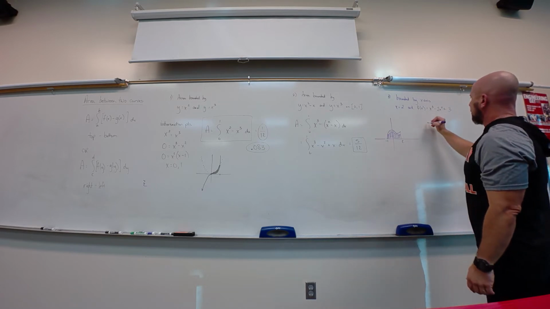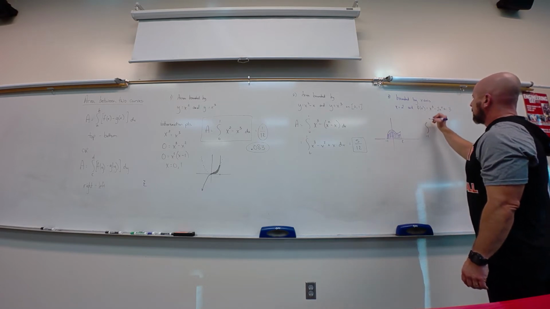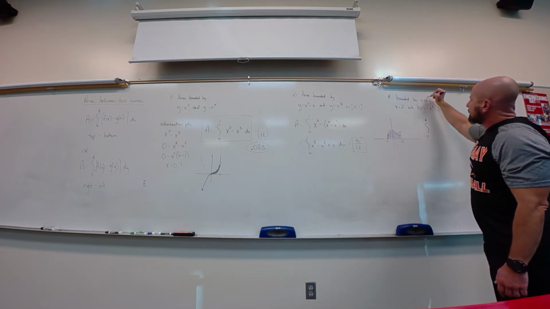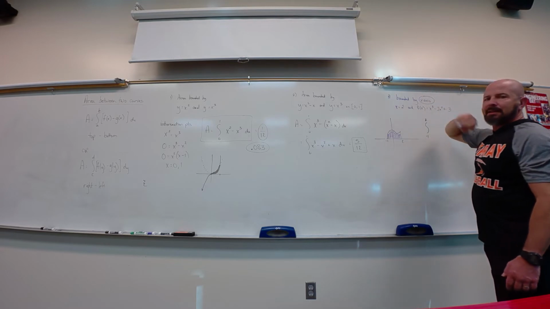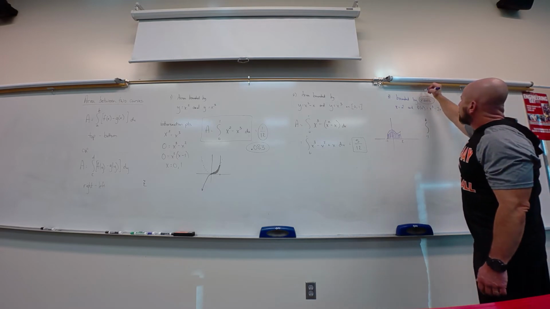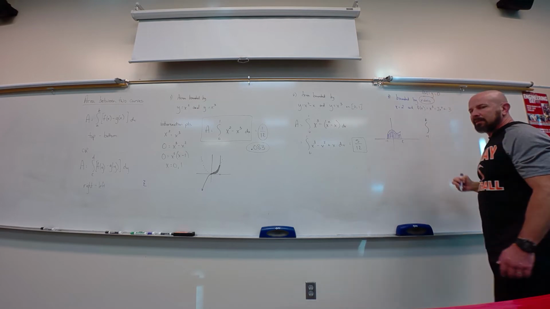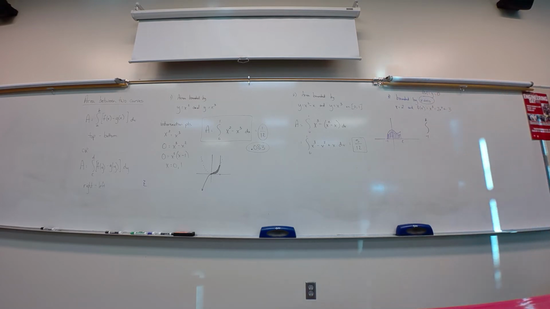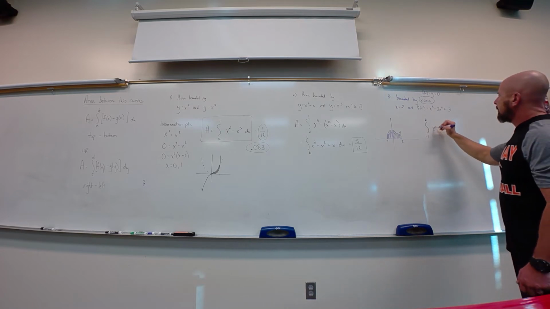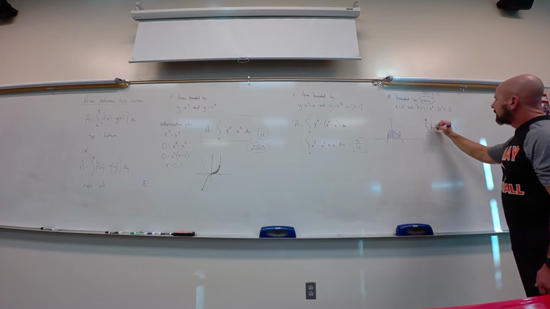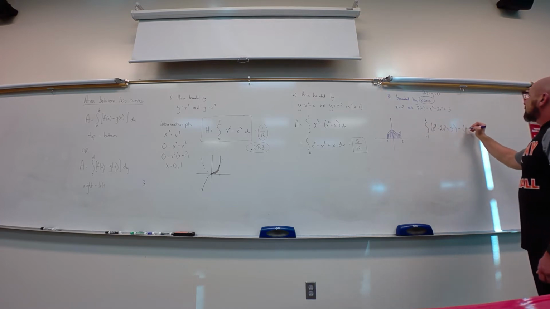So now let's take a look here. My setup, -1 to 2. What I want to remember is the x-axis is another function. Remember, this is f of x or y equals 0. So that is the other function, and that's the bottom function. So I'm going to have x cubed minus 2x squared plus 3, my top function, minus 0.